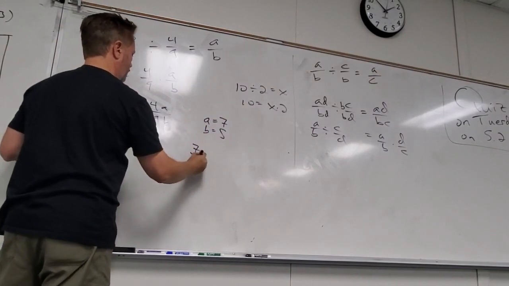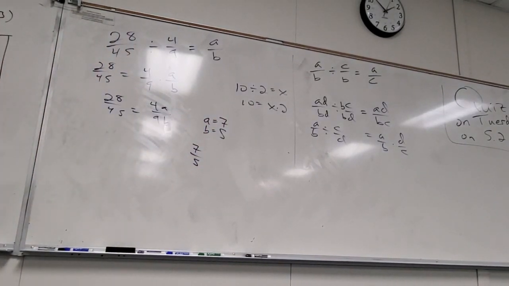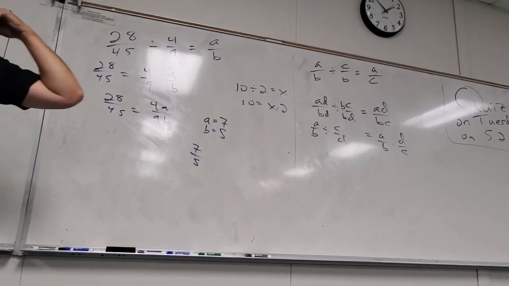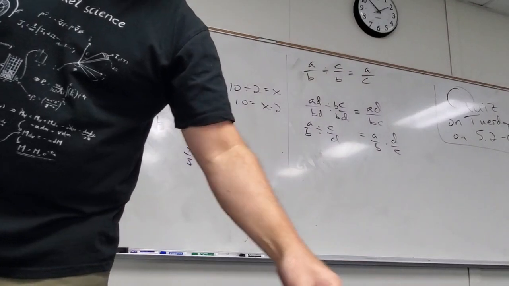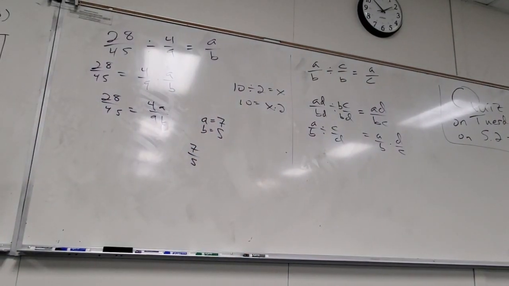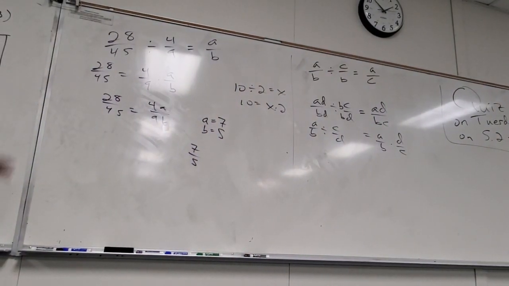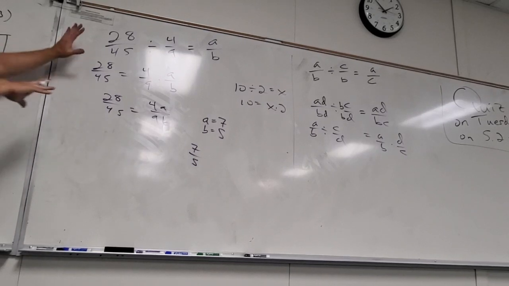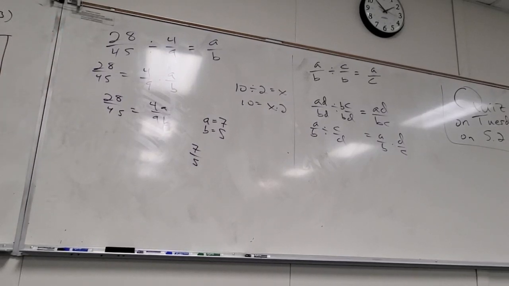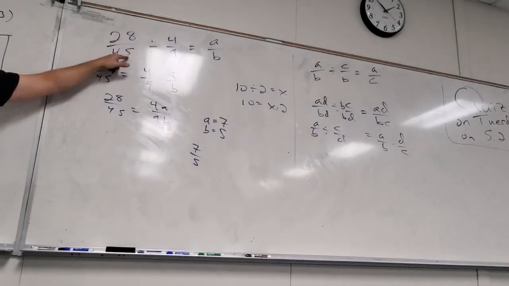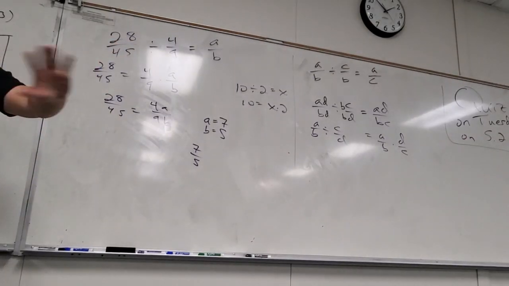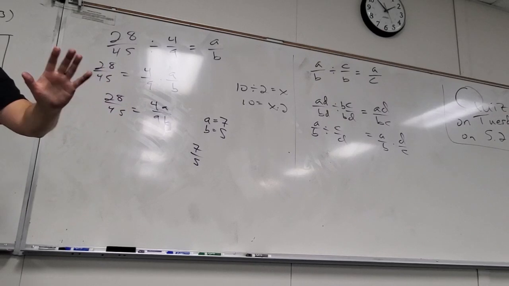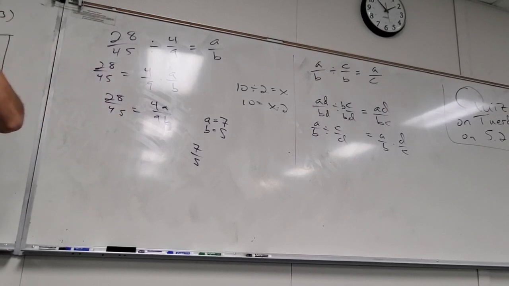So you get 7/5, right? Does everybody understand that the numbers are nice? If I just change each of these by 1, this whole thing gets really weird. Y'all agree? Okay, so this is an easier problem.